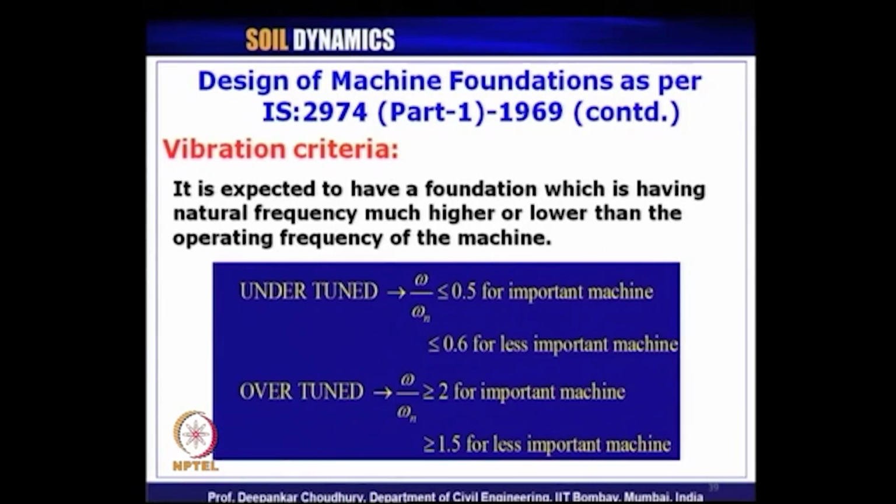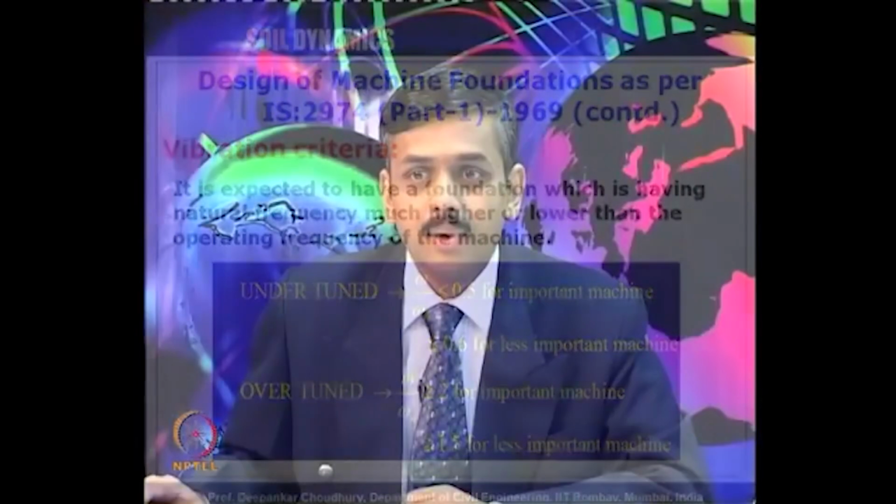What does it mean? Omega n excessively high means the mass of the foundation becomes negligible, meaning k has to be excessively high, because omega n is nothing but root over k by m. In that case, you will find some absurd results. Sometimes after doing all calculations, you will get a negative value of mass required or no mass of the foundation required, but that is not the case.